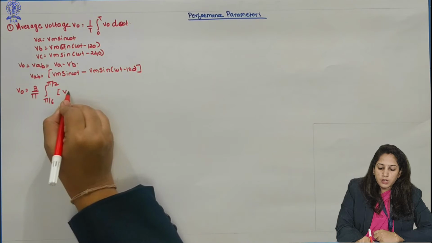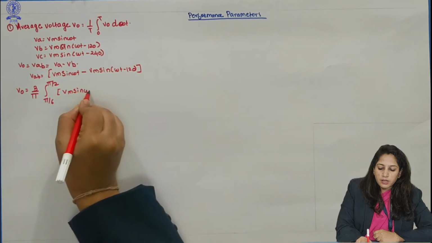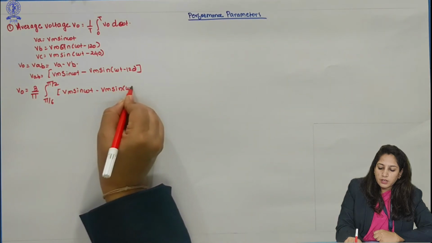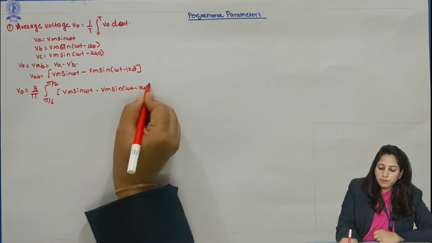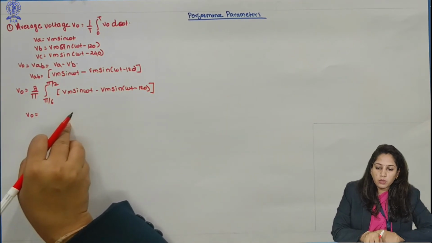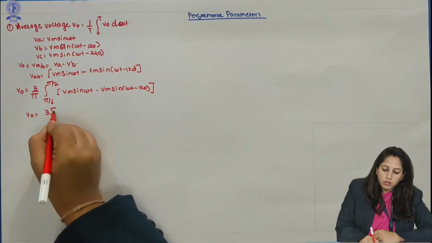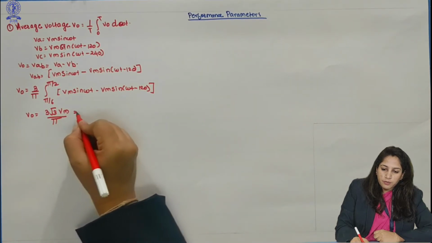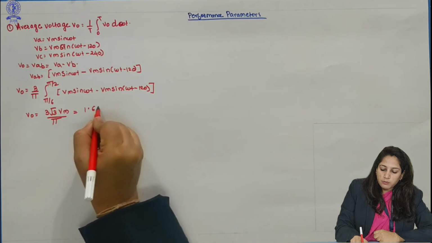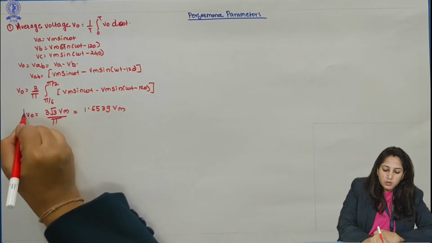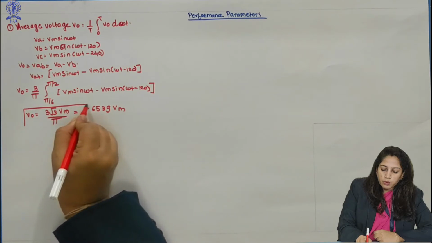So I will put here Vm sin omega t minus Vm sin (omega t minus 120). After solving this, I will get root 3 Vm upon pi. After calculating, it will be 1.6539 Vm. So this is my average output voltage.